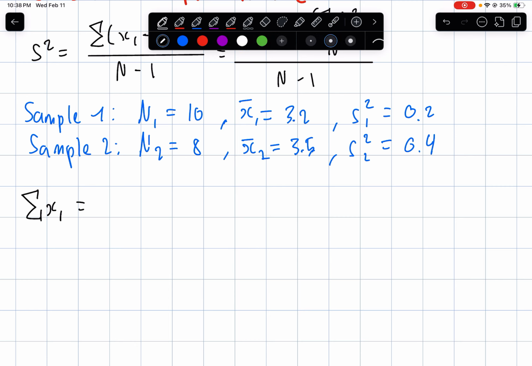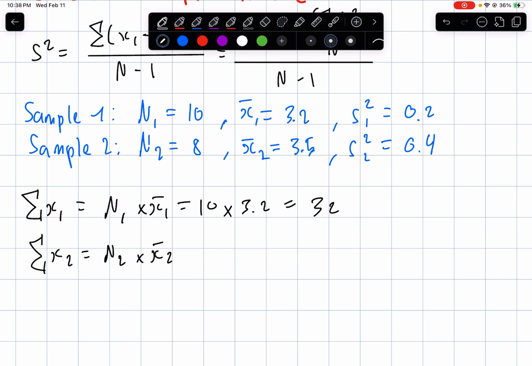So for the first one, we have n1 times the mean 1, which is 10 times 3.2, which is 32. And for our second one, we have n2 times the mean 2, which is 8 times 3.5, which is just going to be 28.